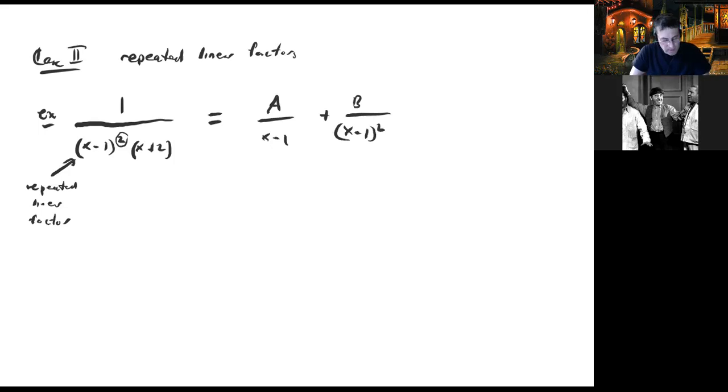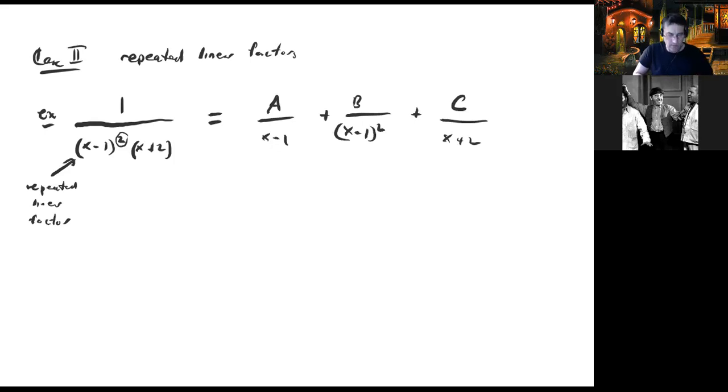If there were an x minus 1 cubed here, you would have a third term with, say, c over x minus 1 cubed, but we don't have that. And then we have c, say, now over x plus 2. And that's going to be the partial fraction expansion. We'll have that form, but we have to solve for the a, b, and c.